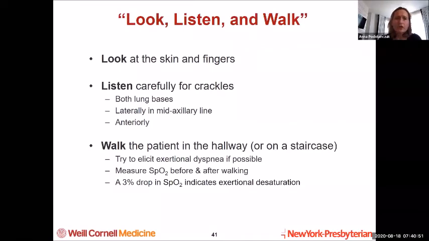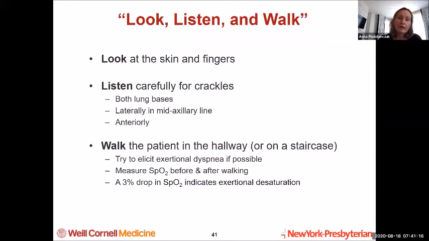When I approach a patient and I'm trying to diagnose them with interstitial lung disease, I think of three components of the physical exam: look, listen, and walk. So I focus a lot on the patient's skin and fingers, and I really look for subtle findings of autoimmune disease that can often be missed. And I'll show you some examples of those.